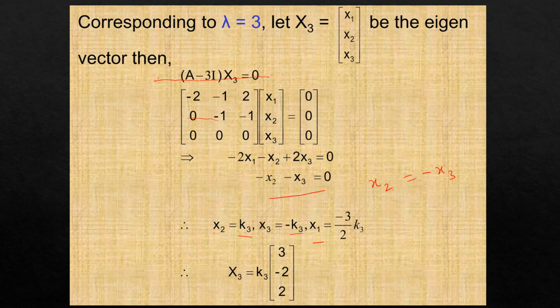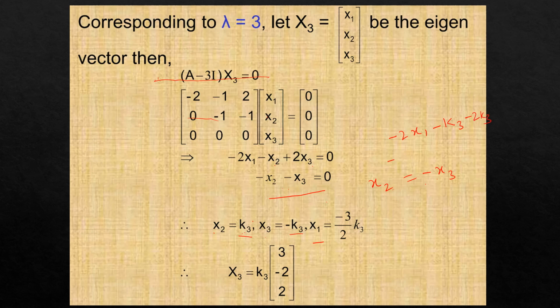Now I can substitute the values of x2 and x3 in the other equation. If I substitute them here, this will give me minus 2x1 minus 2 times minus k3, and so on.